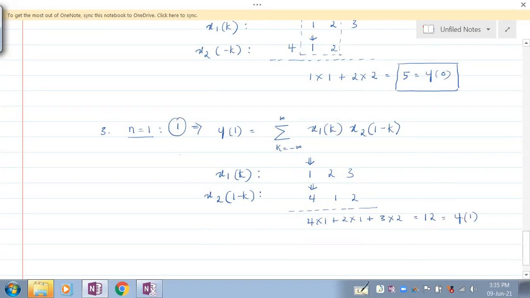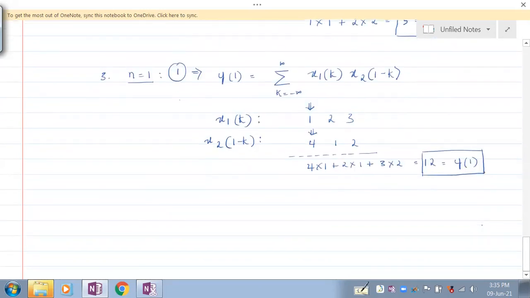Fine. Now, what are the next two samples? I hope you're doing it yourselves. If you do it yourselves, you'll have a fair idea regarding what actually is happening. Otherwise, no. Fine. The fourth sample is n equal to 2 sample. So if n is 2, equation 1 would imply it's y of 2 we are finding out.